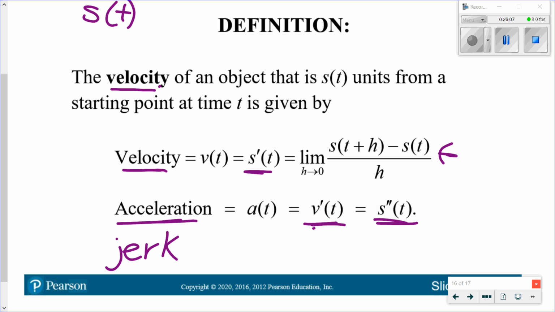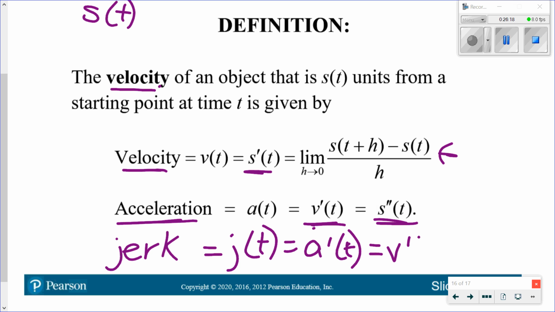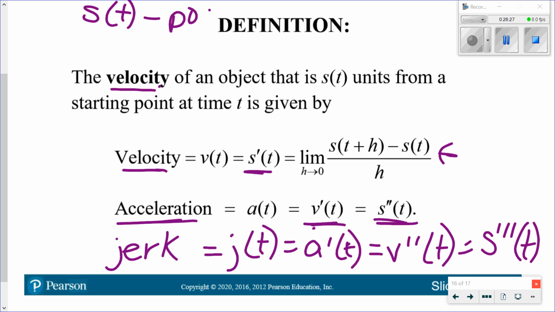You changed how you were accelerating. That is called the jerk. That is a first derivative of acceleration, a second derivative of velocity, but more importantly, it is the third derivative of my position function, and s of t is my position function. Okay, so that's one of the things that gives meaning to all of these higher order derivatives.